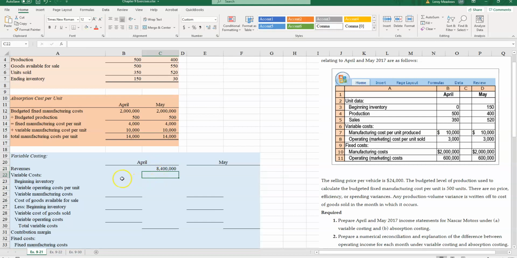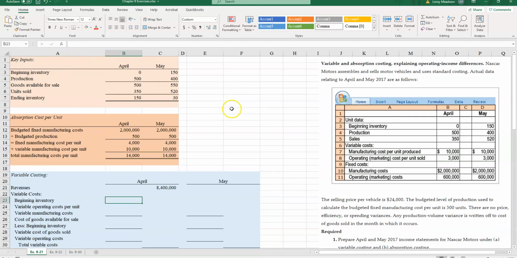So now let's take a look at variable costs. How many units do I have in beginning inventory? Well, I had up here no units in beginning inventory, so there's nothing to compute there.